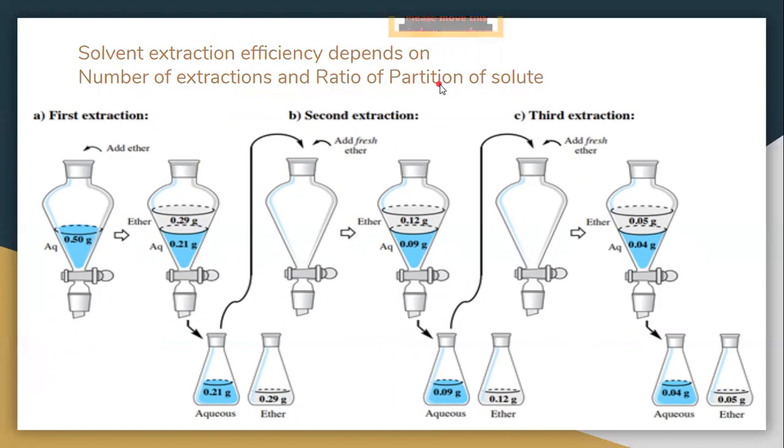If the KD value is greater than 1, 2, 3, 4, that means the extraction is more. Extraction of solute from aqueous into the organic solvent is more when the KD value is greater. And we can increase it by repeating the extraction. So that means we can extract more solute into the organic phase or solvent by increasing the number of extractions.